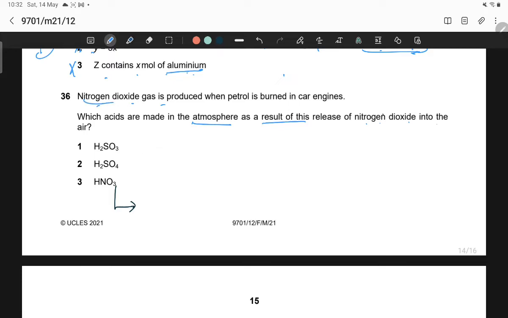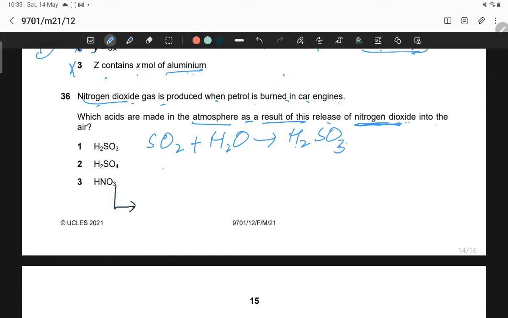So when SO2 reacts with H2O, H2SO3 is formed. But which acids are made in the atmosphere as a result of nitrogen dioxide? This acid is not formed as a result of this release of nitrogen dioxide.